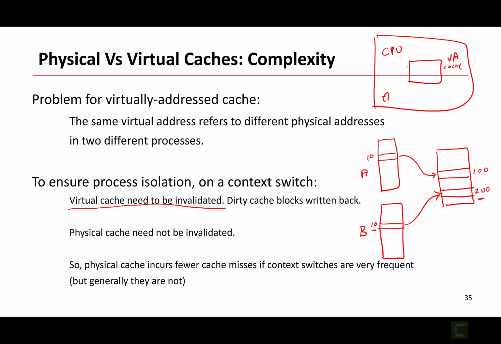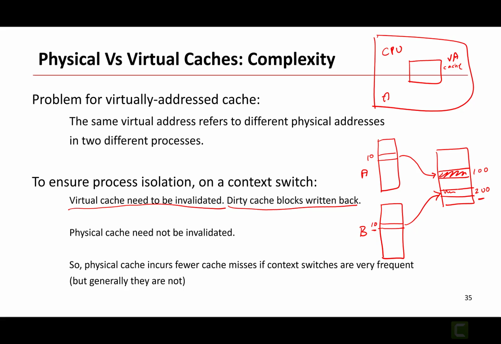Wait a minute, if I mark them to be invalid, then I will obviously lose the data in the cache. So I need to make sure that whatever data is there in the cache, if it is dirty, I have to write it back into the main memory, which is okay because it will be stored in a spot that is different from the spot that B is using, which is over here, right?